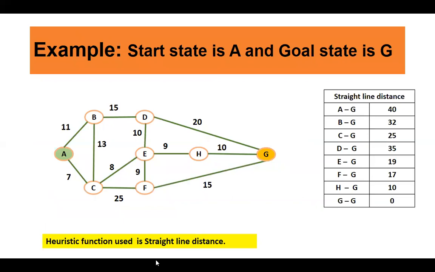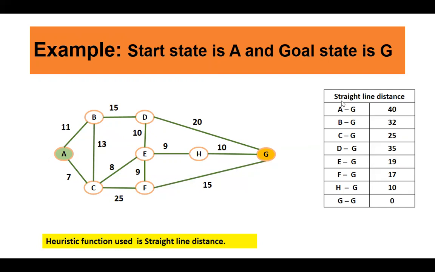So let us see, this is the graph space. This is our start node and this is our goal node. A is our initial node and G is your goal node. So from A, you are supposed to reach G. Now, this is the heuristic value given for all the nodes.